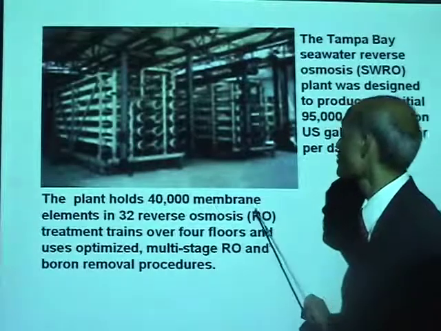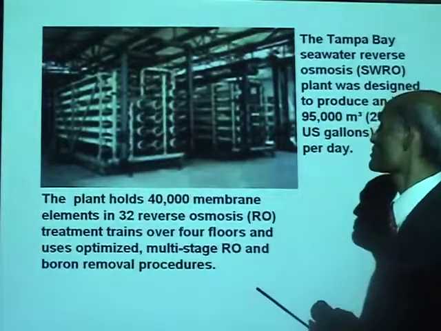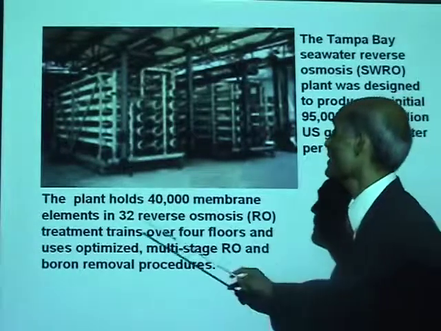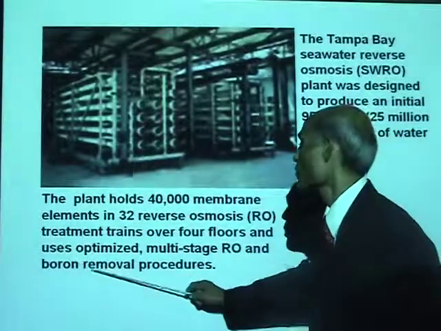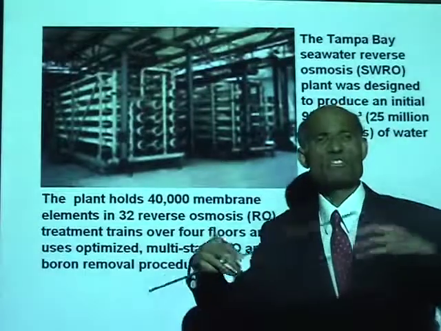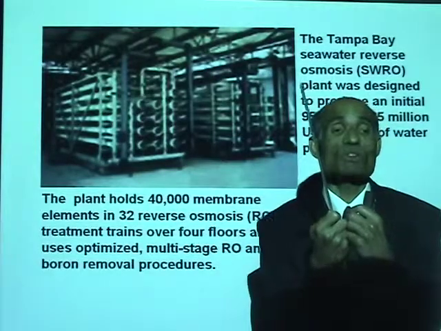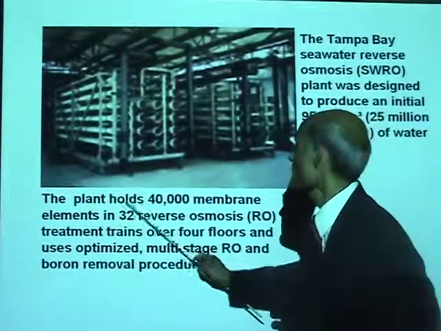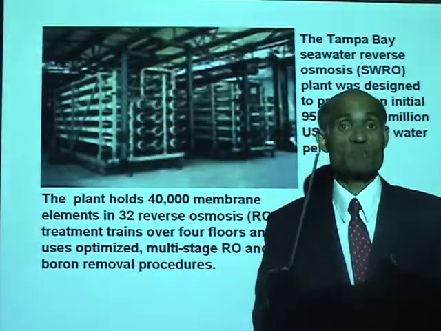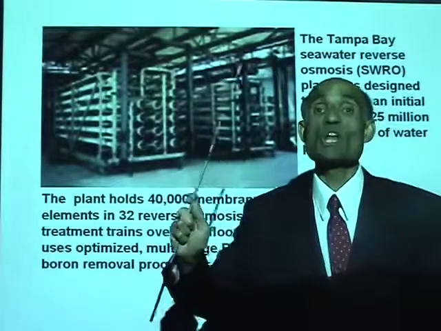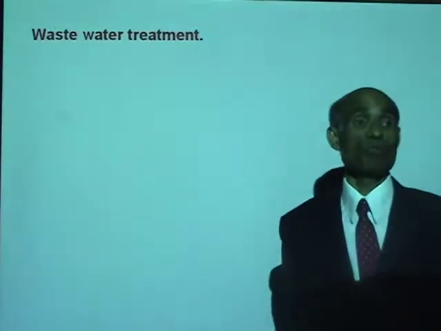The plant holds 40,000 membranes of elements 32 reverse osmosis and uses optimized multi-stage RO and boron removal procedures. These are technical terms used for removing dissolved salts and minerals from water. The membranes are used for removing these dissolved salts. Very expensive process, but maybe that is a long-scale solution for our problem with fresh water.